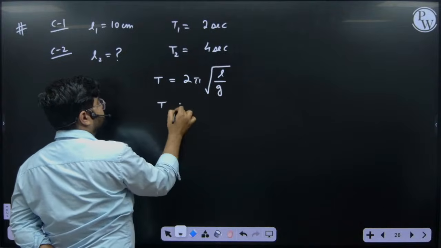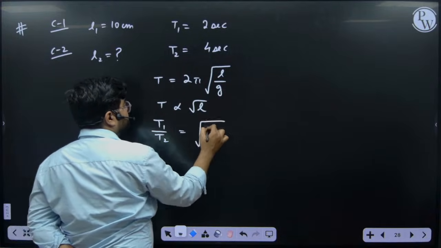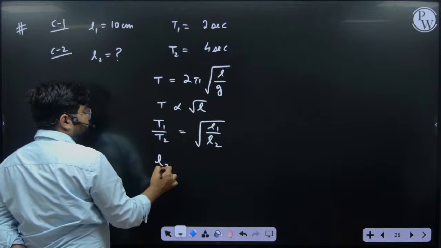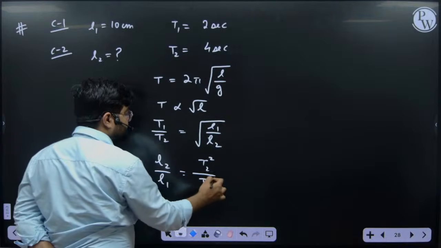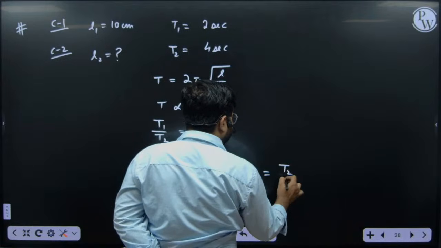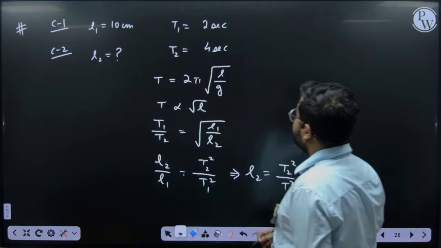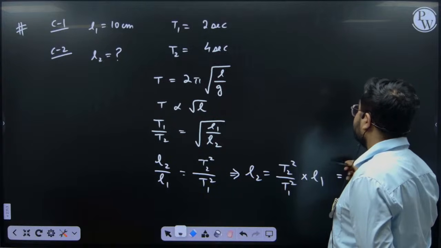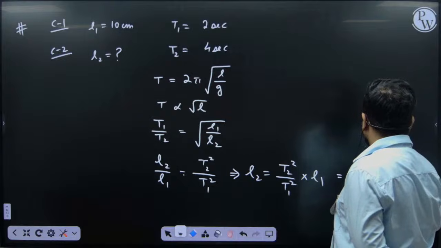That means T is proportional to root L. So T1 by T2 equals under root L1 by L2, or L2 by L1 can be written as T2 square by T1 square, which will give us the L2 value: T2 square by T1 square into L1. So 4 square by 2 square, that is 4, into L1 10, so 40 centimeters should be the correct answer.